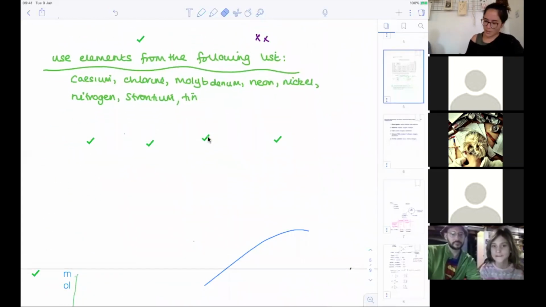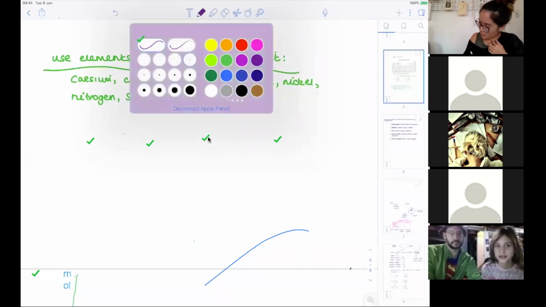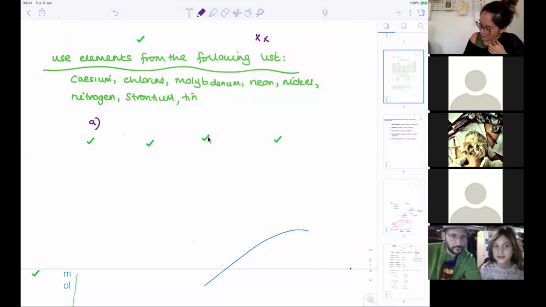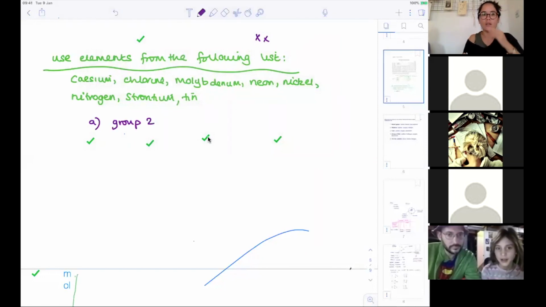So we're using elements from the following list to state the following. Right, first of all, I want you to state an element from that list which is in group 2. Do it on your own, by the way, because we don't want everyone missing out if you write it in the messenger.